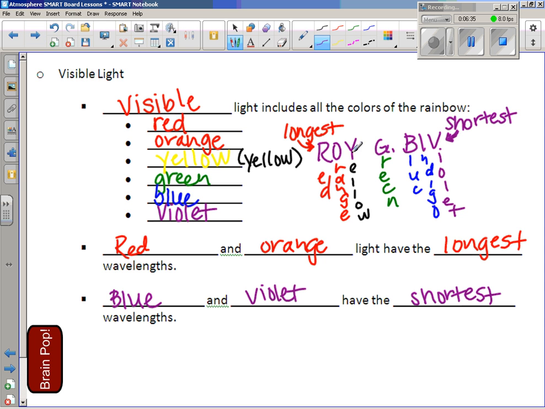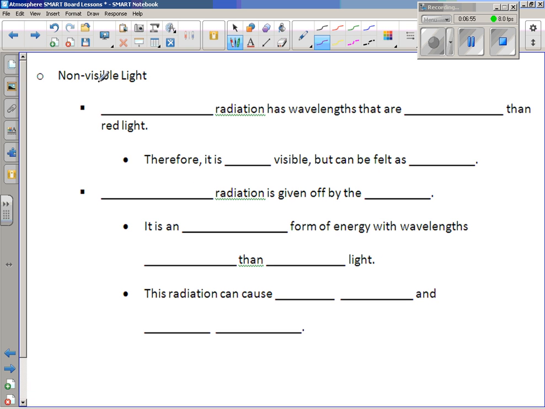It goes along the spectrum, Roy G. Biv, from longest all the way to shortest. And if it's longer than red or orange wavelengths, then you can't see it. Or if it's shorter than blue or violet, then you can't see that wavelength either. So that takes us to talking about non-visible light.